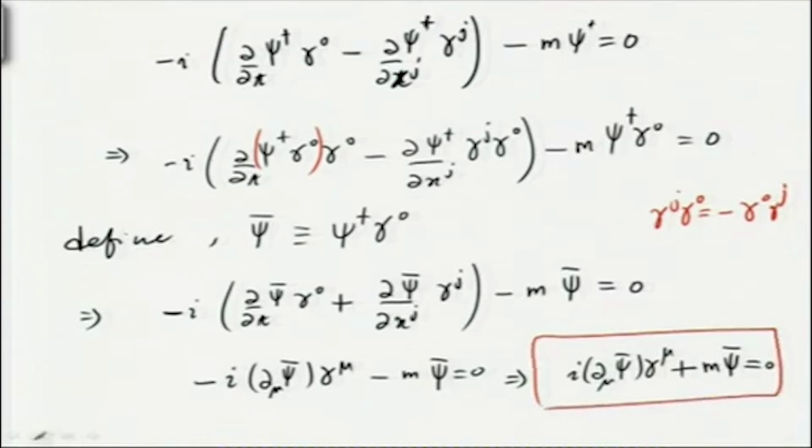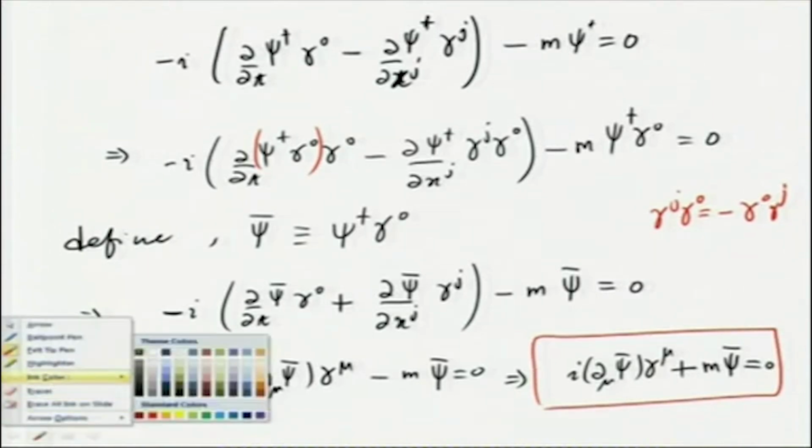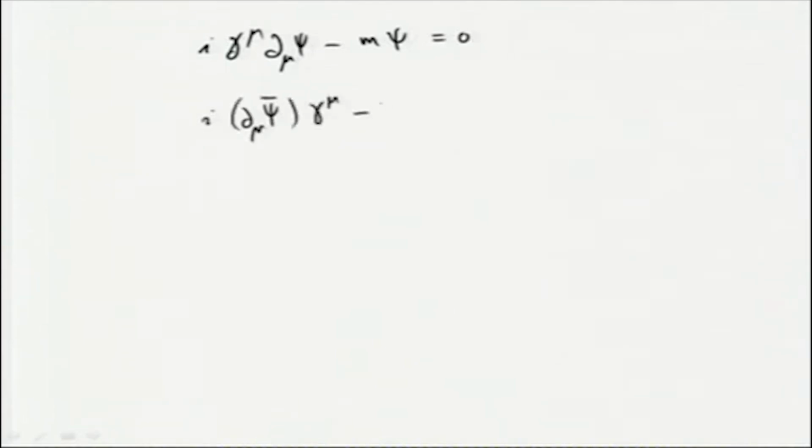So, now we have these two equations. One is the Dirac equation, I gamma mu dou mu psi minus m psi equal to 0, and I have I dou mu psi bar gamma mu plus m psi bar equal to 0. First, multiply the first equation with psi bar from the left.